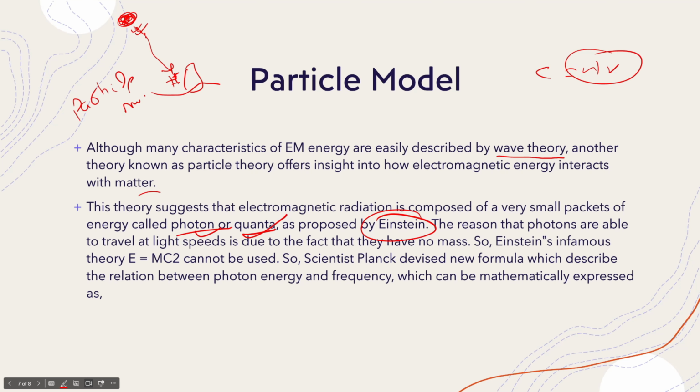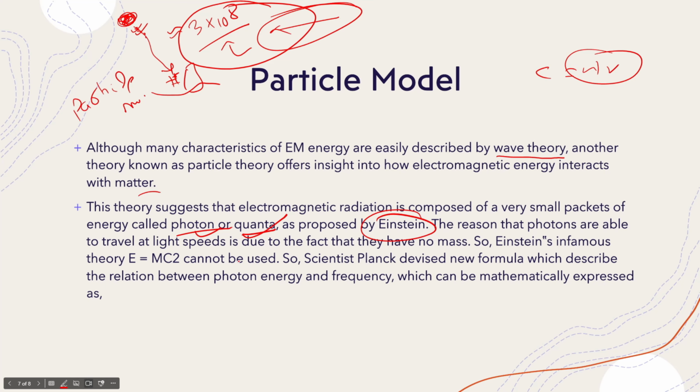The reason photons are able to travel at the speed of light is that they have no mass. We already mentioned that the speed of electromagnetic radiation is equal to the speed of light. Albert Einstein proposed that if a particle travels with the speed of light, it cannot have mass.